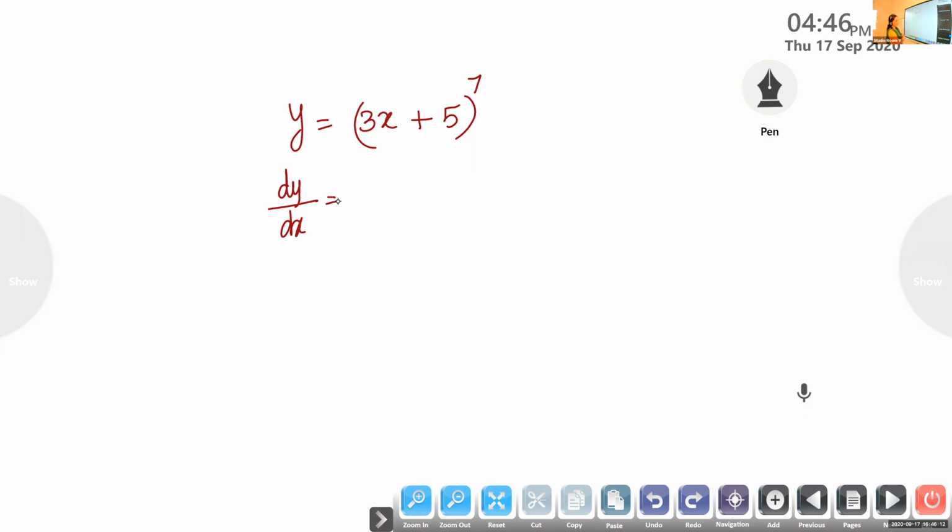What is the derivative of x raised to n?